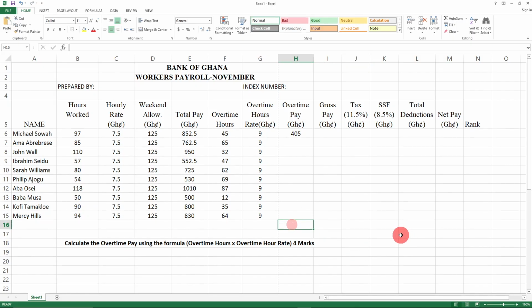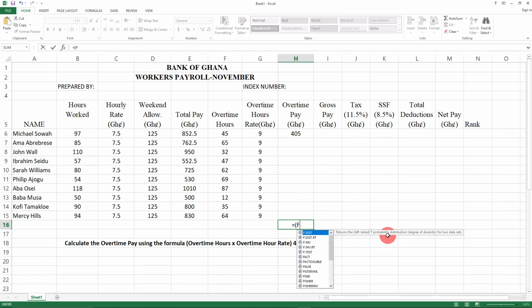Let's do the next option. The next option is to use the cell numbers. Michael's overtime hours is 45, which is F6 for Michael.